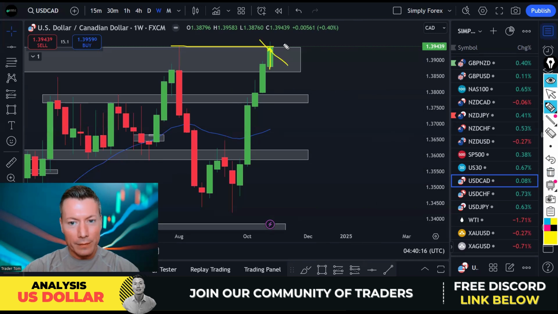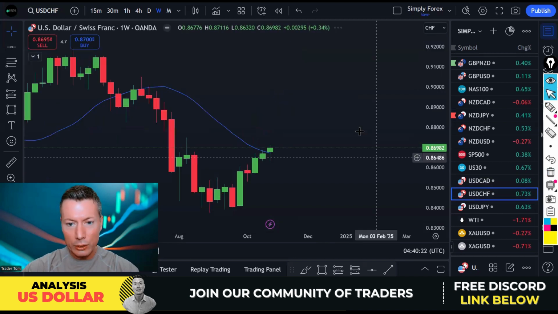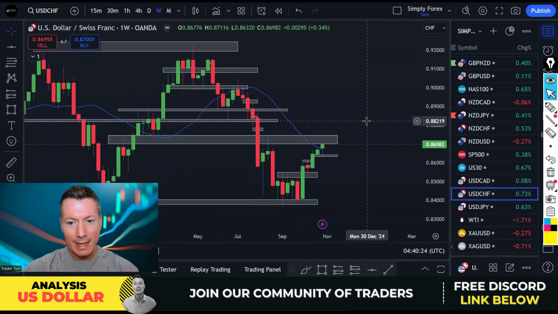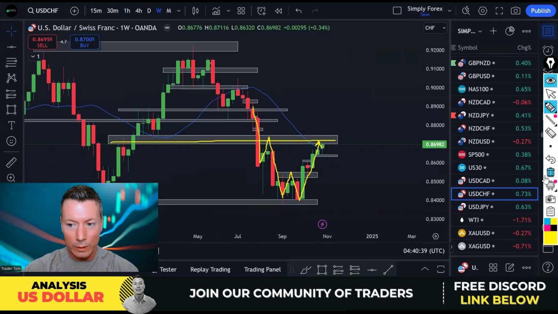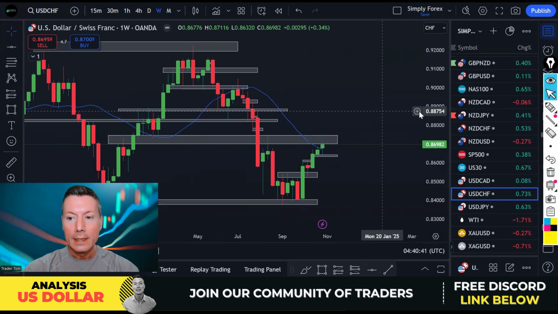So this just sort of nullifies itself, guys. I don't have a trade here. And let's have a look at another one. Let's look at US dollar, Swiss franc. Exactly the same here. We was in a downtrend, and now we're in an uptrend. We're getting all of this US dollar strength, but we're at a resistance level, right? So I can't trade US dollar, Swiss franc either.